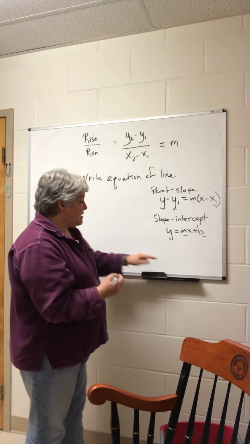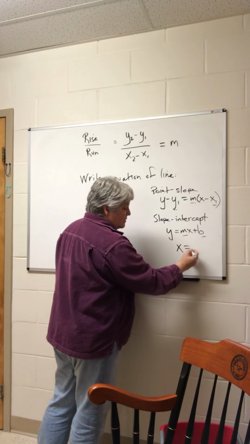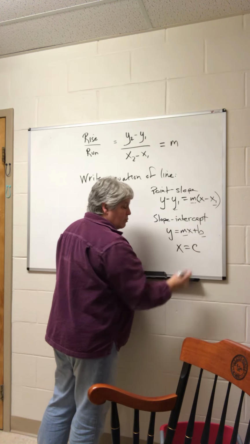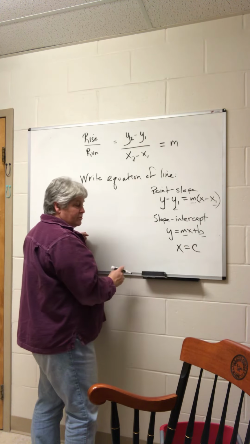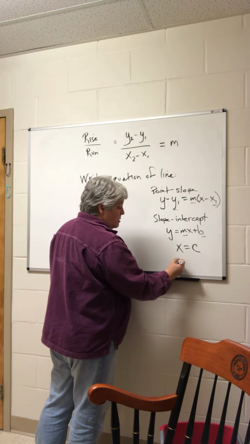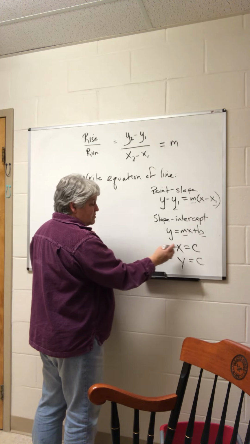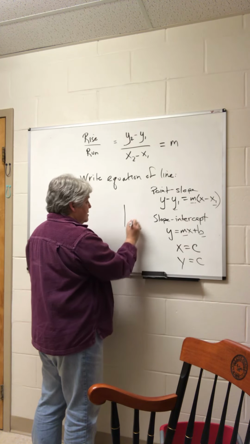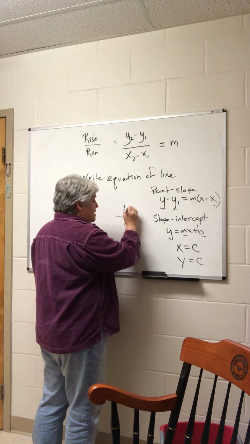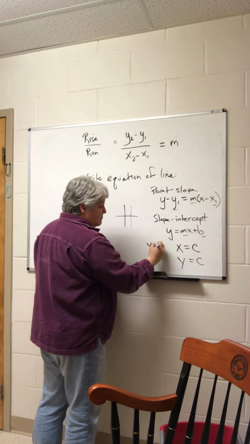And then finally, the last 2 equations were x equals some number. I'm going to refer to the number as just c for some constant, some unchanging amount, or y equals some constant. This was for x staying constant, means every x is the same, so it ends up looking like a vertical line.